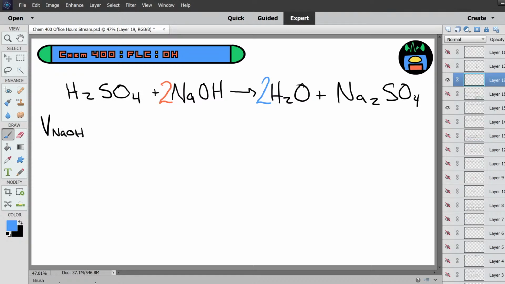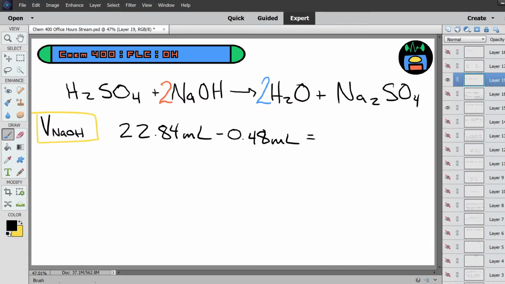And to find the volume of sodium hydroxide, we need to subtract our final volume, which is 22.84, and subtract our initial volume, 0.48 milliliters. That comes out to be 22.36 milliliters.